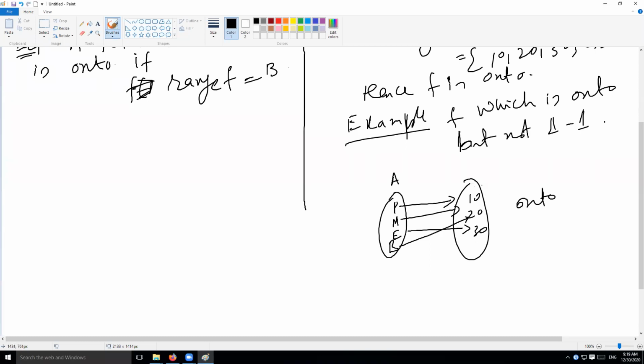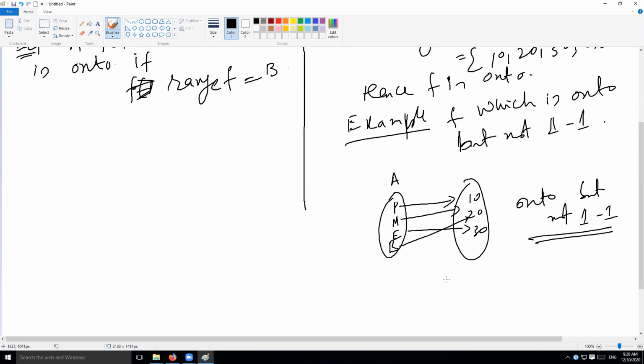The range is the same as the codomain. So this function is onto but not one-to-one.